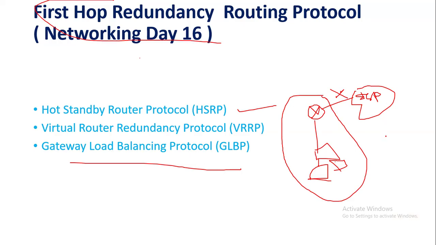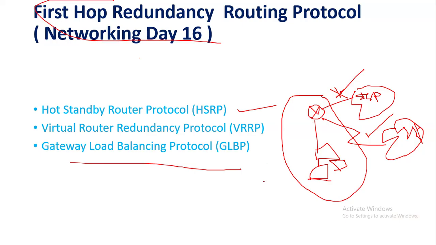So in this case, what will happen? We'll get one more ISP, that is ISP2, and this is connected to that router. If this one goes down, the other will come up, or simultaneously we can keep both gateways up. So that is the redundancy.